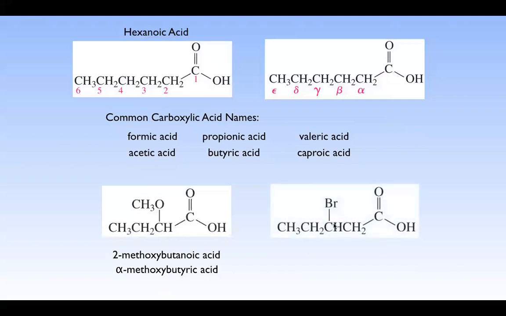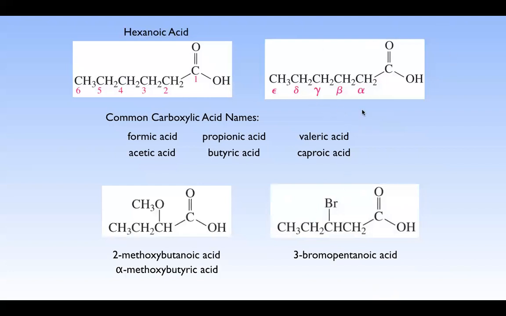So what do you think the IUPAC name is for this one? 1, 2, 3, 4, 5. 5 carbons is pentanoic acid. Then we have our bromine on carbon number 3. So it's going to be 3-bromo-pentanoic acid. What would be, not the IUPAC, I'm sorry, the common name?